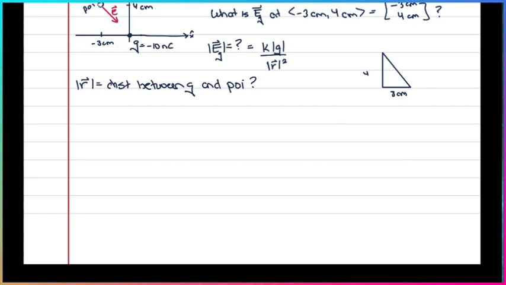The other length of the triangle is 4 centimeters, where Q is here and the point of interest is there. So if I want to talk about the distance between them, then Pythagoras provides us a way. That's just 3 squared plus 4 squared, in units of centimeters. So that's just the square root of 25 centimeters, or 5 centimeters.